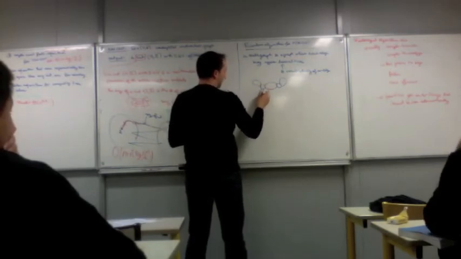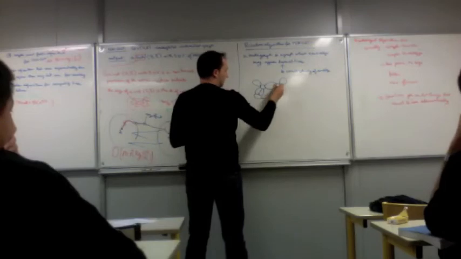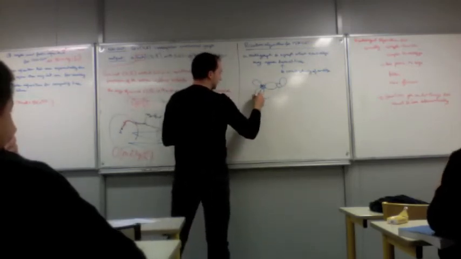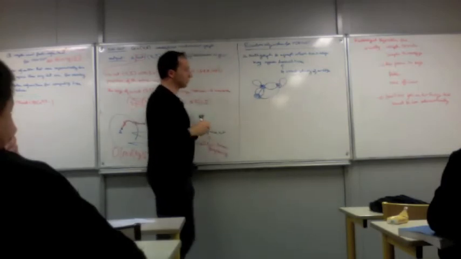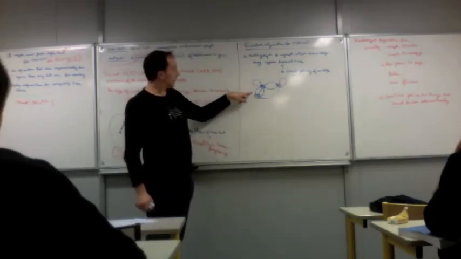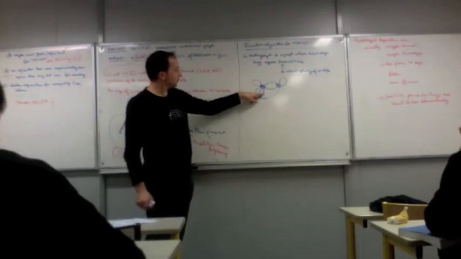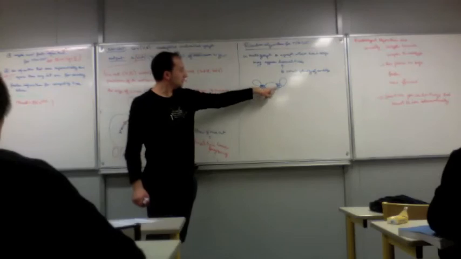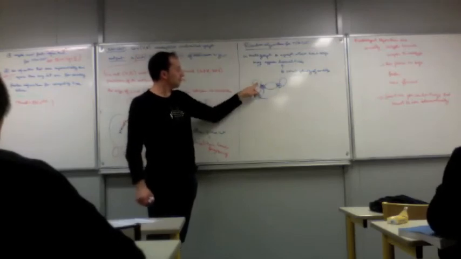These are the nodes. You have self-loops. Here the multiplicity of this edge is 3, here it is 2, here it is 1, and for the loops the multiplicity is 1.